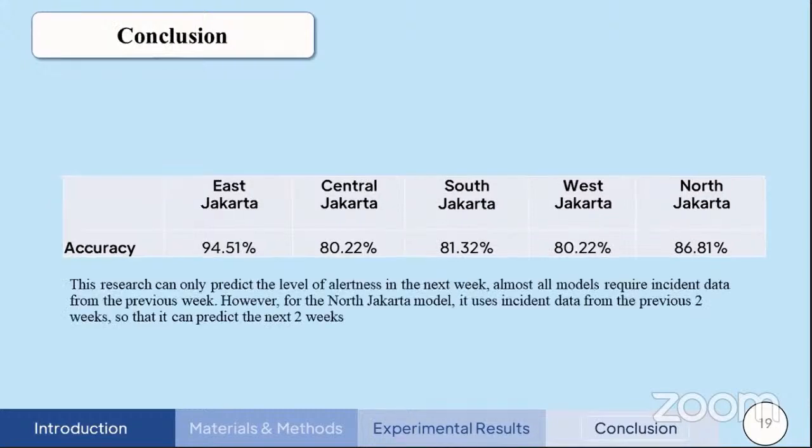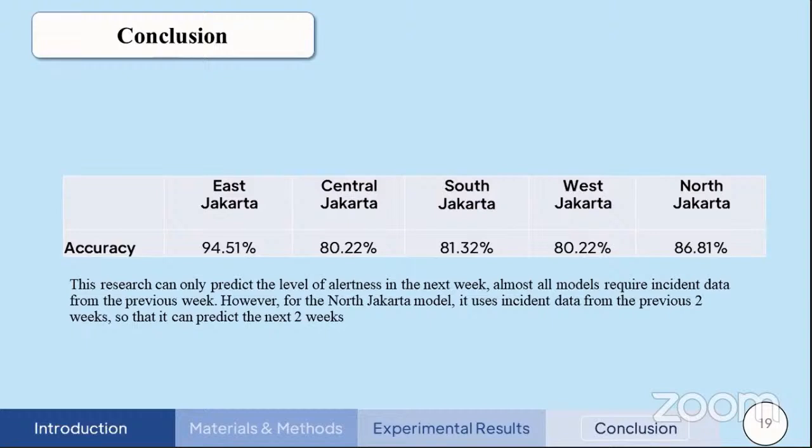From the analysis and results, it can be concluded that the classification of the alertness level for dengue hemorrhagic fever cases by implementing the random forest algorithm provides an accuracy value for each district in DKI Jakarta. These are the accuracy values for each district. The results of this accuracy are obtained with the selected time lag values.